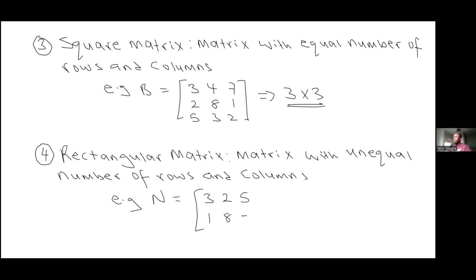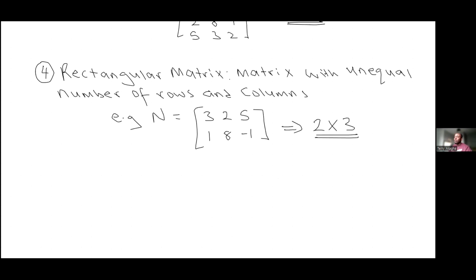So the number of rows here is 2. The number of columns here is 3. So this is what we call a rectangular matrix because the number of rows and columns are not equal. So this is 2, okay? So let me write it better. This is 2. So it's a 2 by 3 matrix.